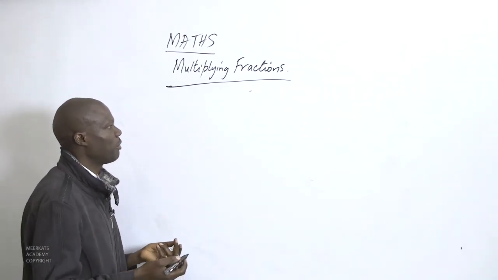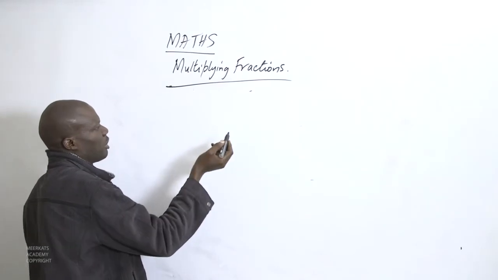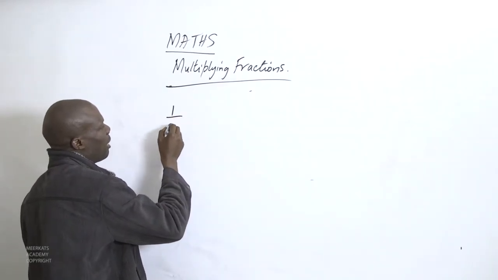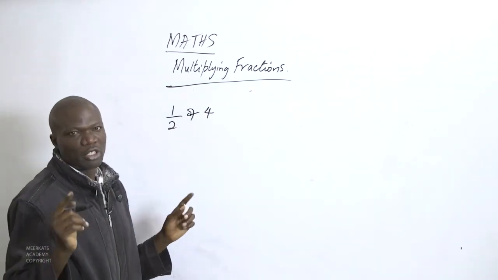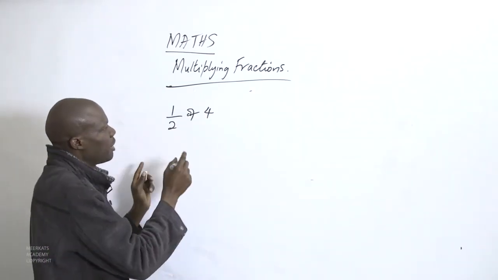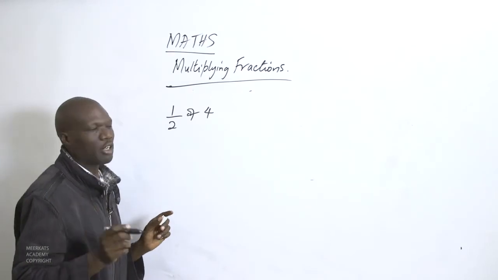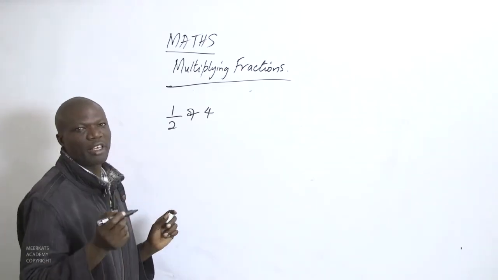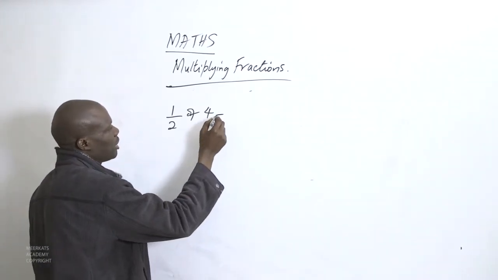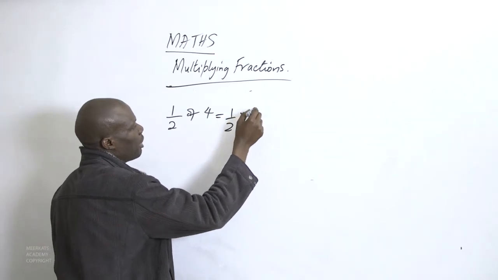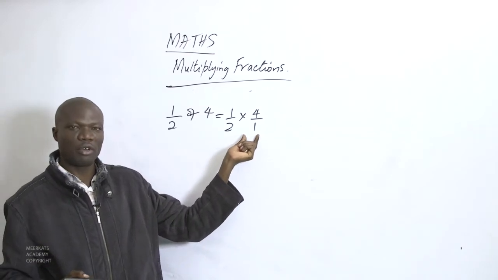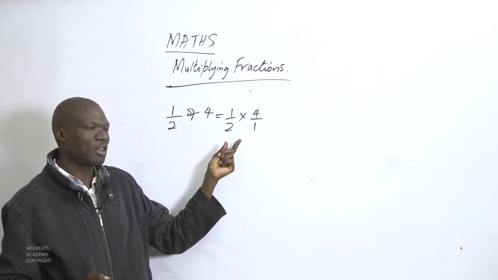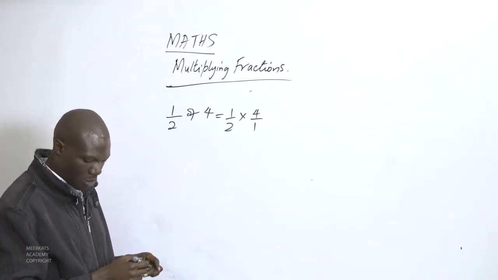If you are to multiply, for example, as we were seeing the other time, a half of 4. 4 is a whole number. So this time round we are saying a whole number can be written as a fraction by simply bringing in a denominator of 1. So for this case, it will be a half multiplied by 4 over 1. So we have written 4 as a fraction, but its denominator is 1.